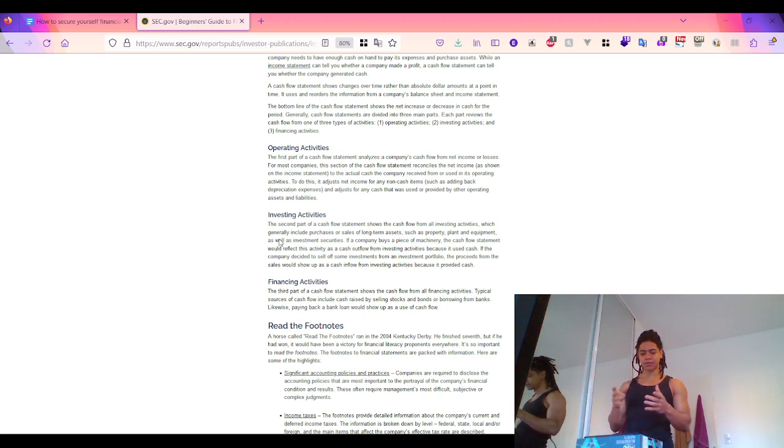In the second part, now we look at the investing activities, which generally involve the purchase or sale of long-term assets, such as property, plant, and equipment, intangible assets, patents, copyrights, trademarks, goodwill, customer loyalty as well, investments, installment loans, or in this case, leasehold improvements.